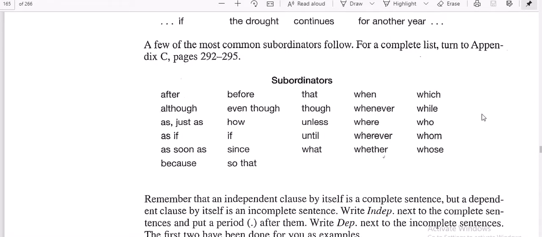Subordinators which convert an independent clause to a dependent clause can be after, although, before, etc. So this is the group of subordinators.